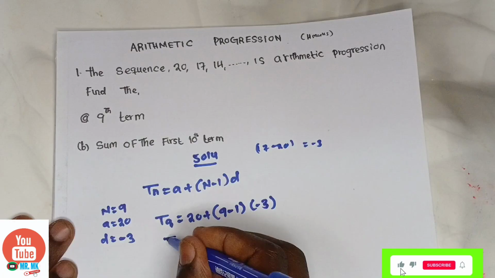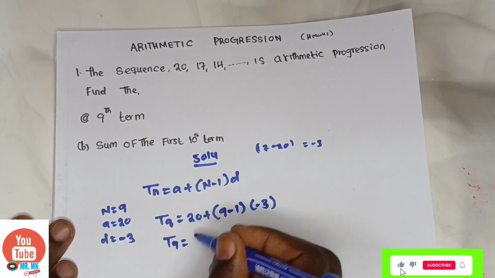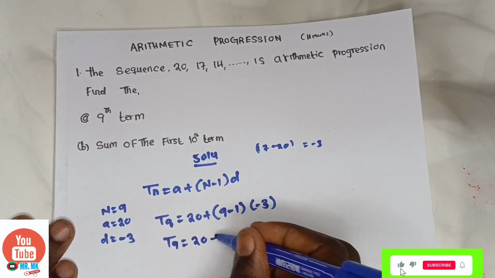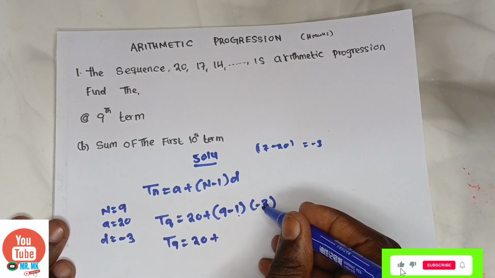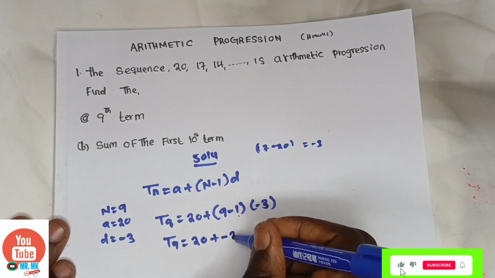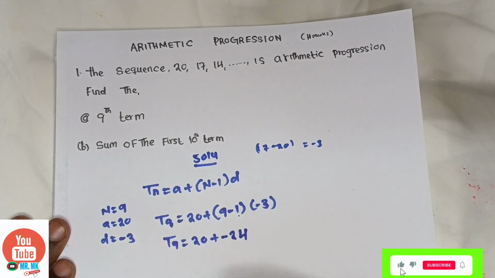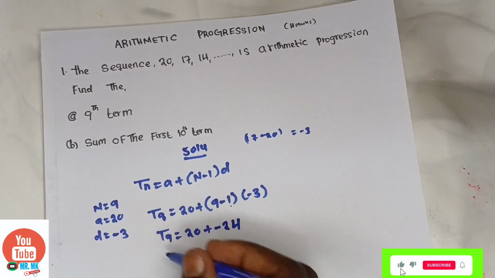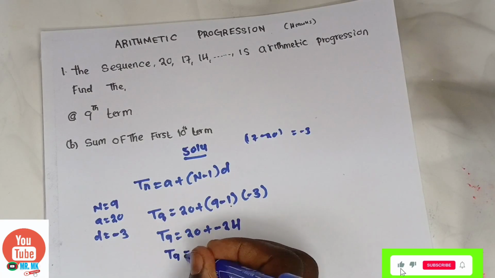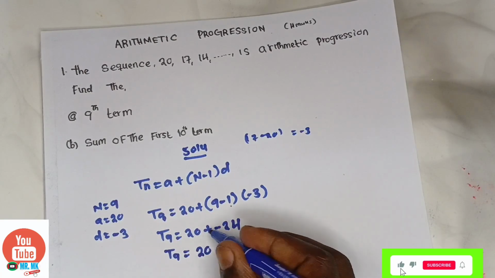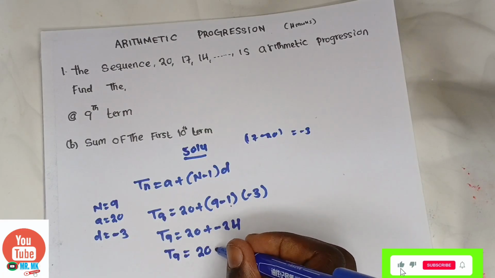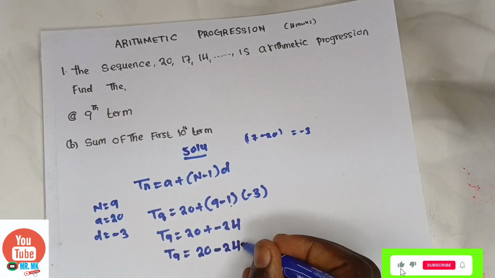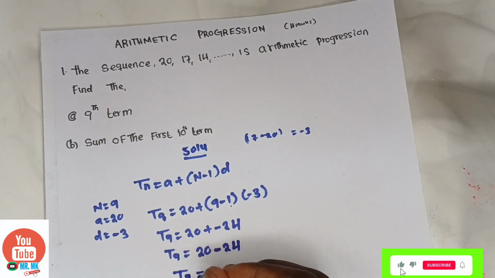So 20 plus 9 minus 1, which is 8, times negative 3, that is negative 24. 20 plus negative 24, the 9th term will be negative 4.